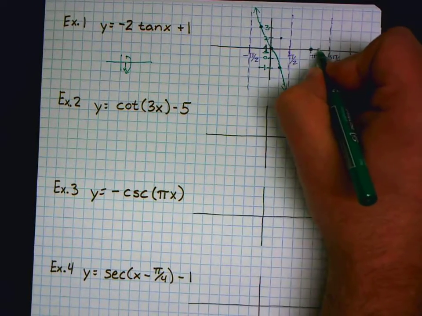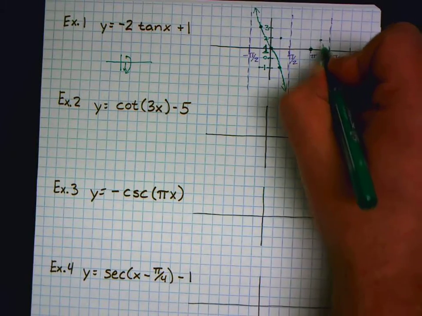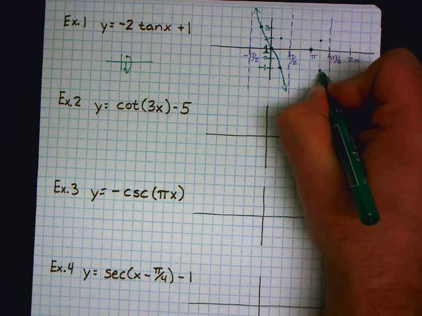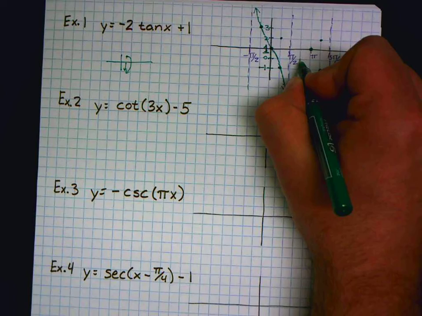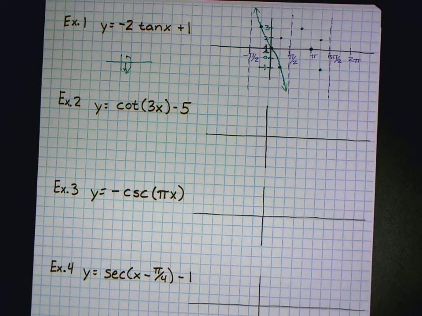Instead of this point going up 1, now it's going down 2. Instead of this point going down 1, now it's going up 2. So the negative flips me over, and then the 2 tells me the distance.